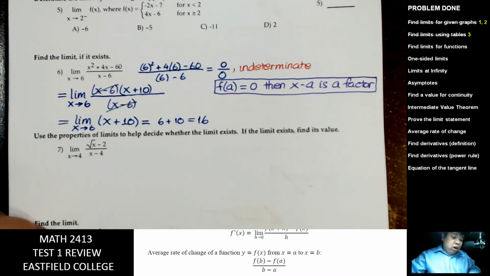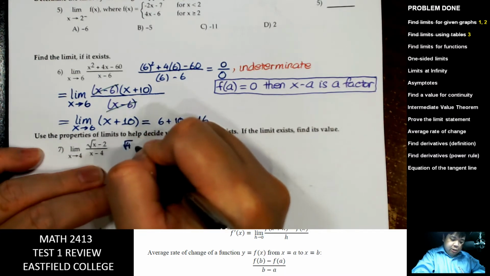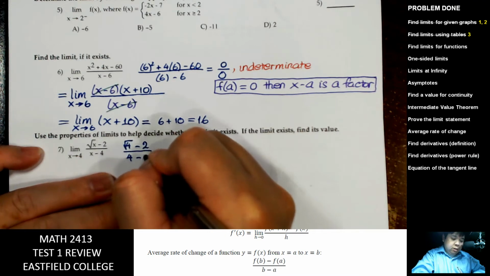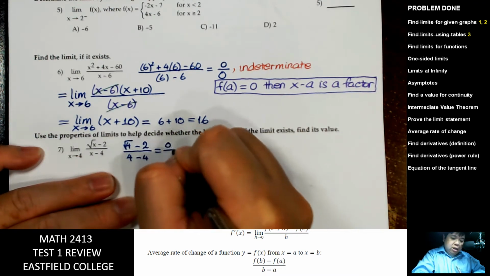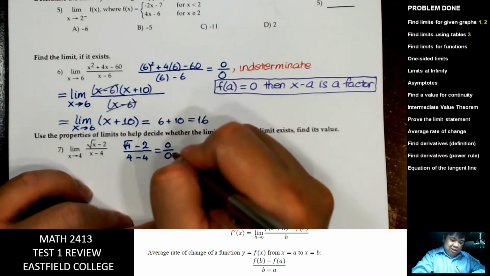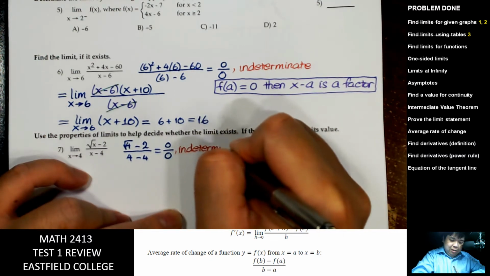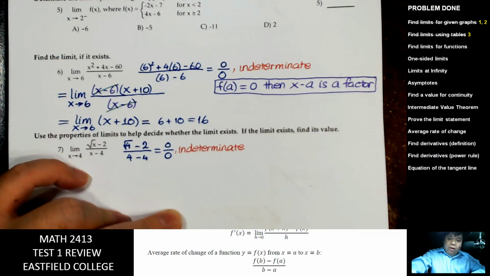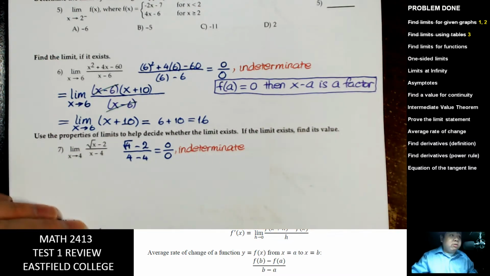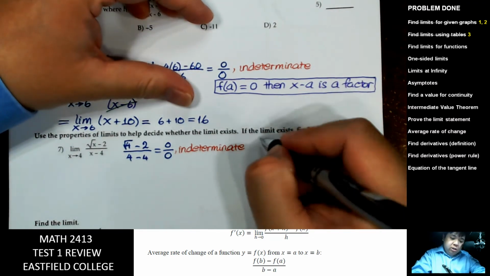Right, we try the same thing. Put 4 in for x. And still the same thing. 0 over 0, which is also indeterminate. So we could do the same thing, but the factoring is a bit more complicated. So what we use is the conjugate.